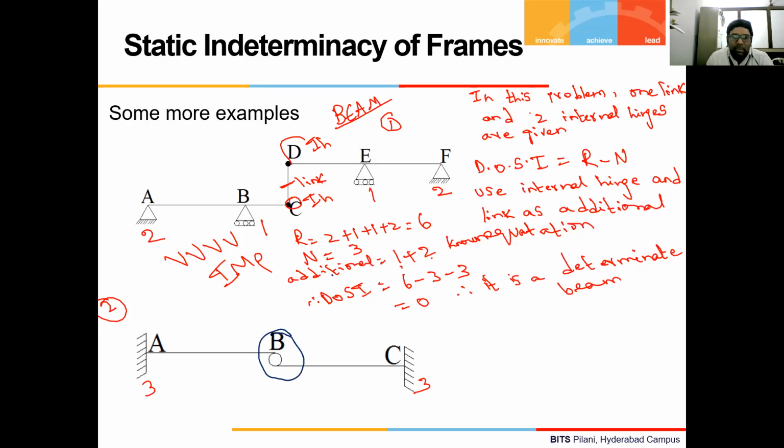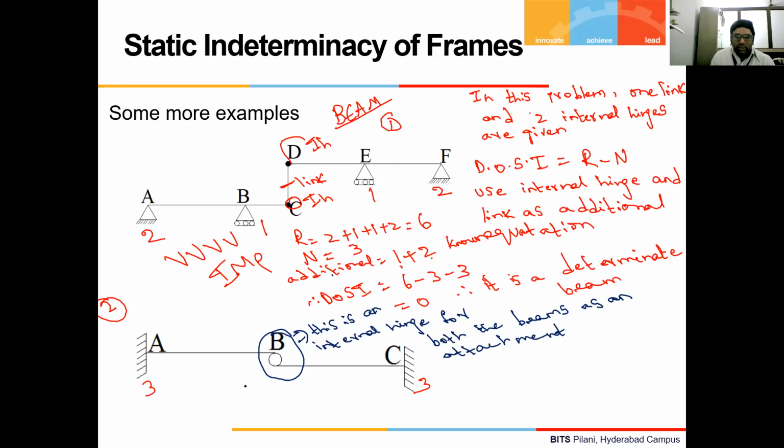Now here, this specific part is an internal hinge for both the beams as an attachment. So which means that we should consider internal hinge known equations as 2.